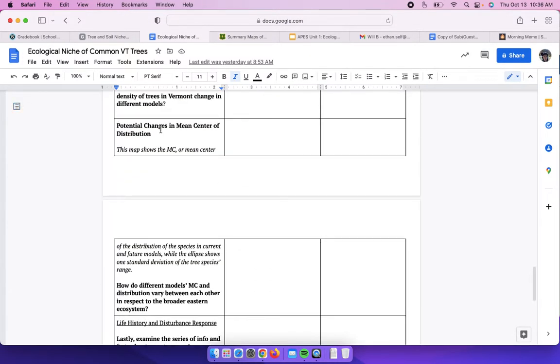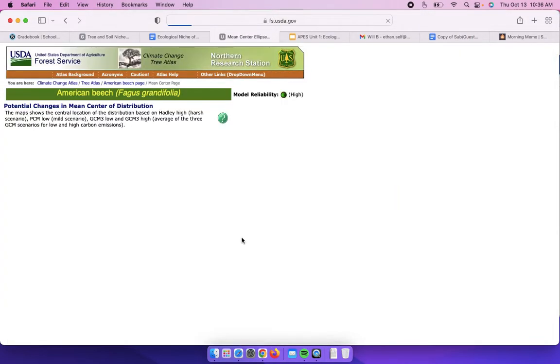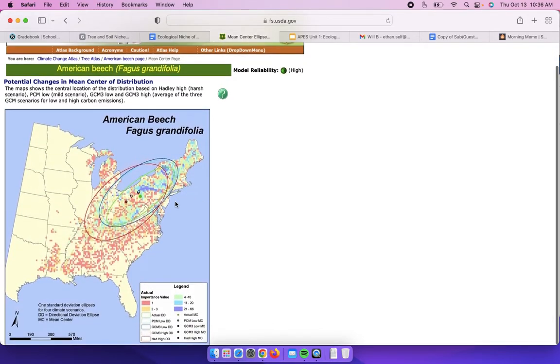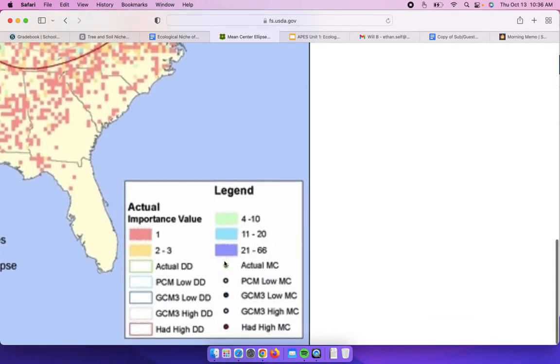We can then go to look at the potential changes in mean center of distribution, which is going to be right here. And this is going to show us how the middle location of a beech tree's density is going to change in different models. And when we're looking at this, it's a little hard to see. You're going to have different colored circles and different borders showing that current distribution.